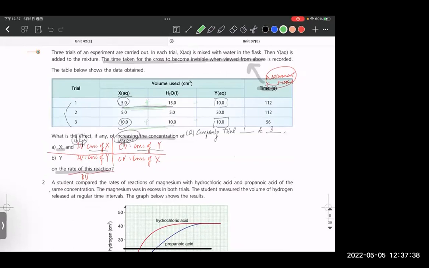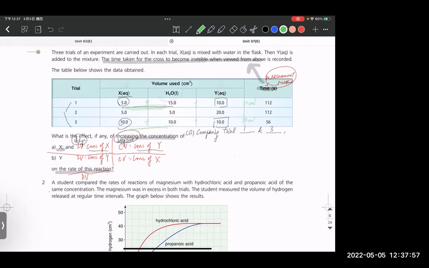Add 3 as a total, which means we have 30 cm cubed of the solution. So in that solution volume, the concentration of Y is the same, while the concentration of X is different. Can you get my point? But we focus on these 2 only.